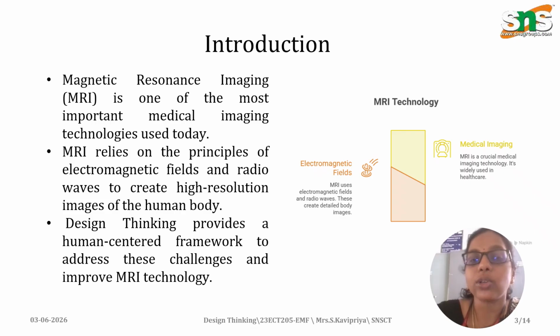The radiation in case of MRI is very less when compared to X-rays and so on. It is capable of providing a high resolution image of a human body. So when we apply this design thinking framework to MRI and electromagnetic fields, what are the changes that can be incorporated further? That is what we are going to discuss in this topic.